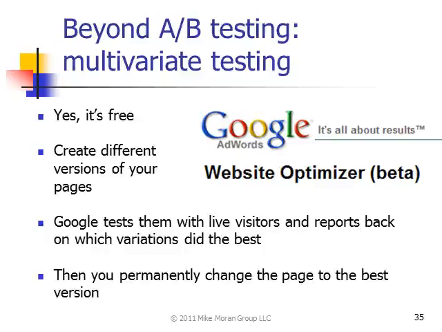If you go beyond A-B testing, maybe you've got way more than two choices. You have A, B, C, all the way to Z, and even more. Then you can have something called multivariate testing. There are many different tools that do multivariate testing. One of the free ones is Google Website Optimizer.